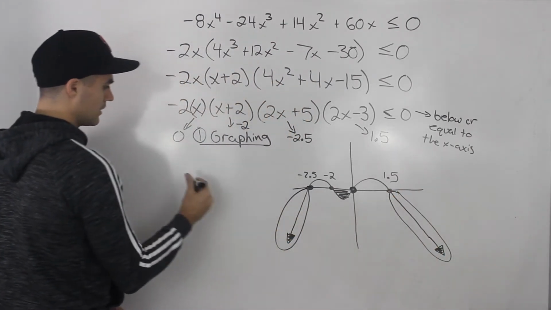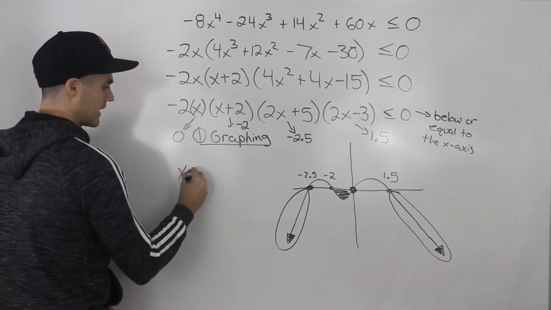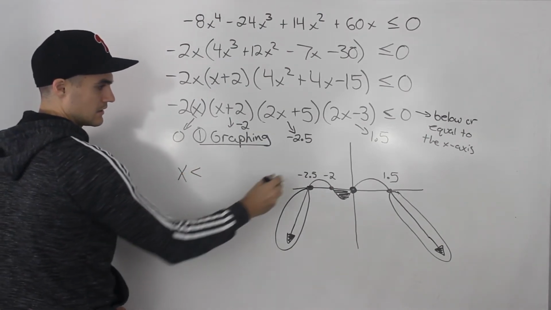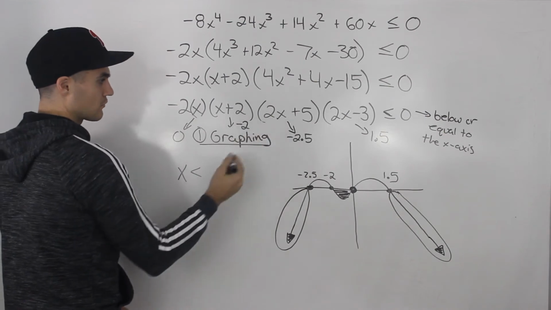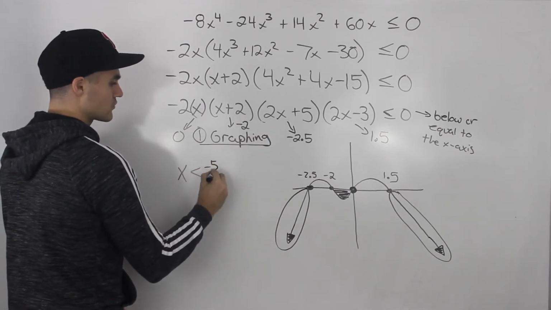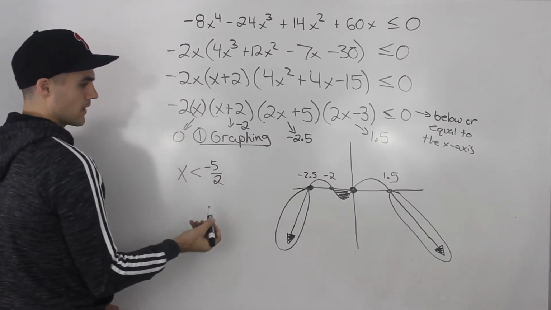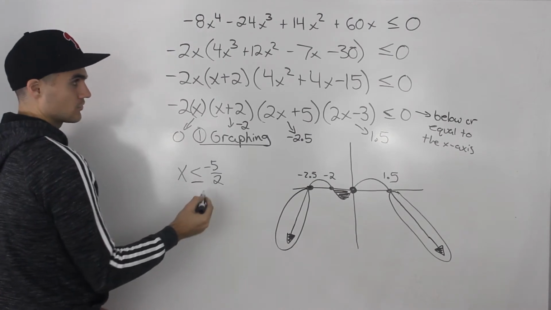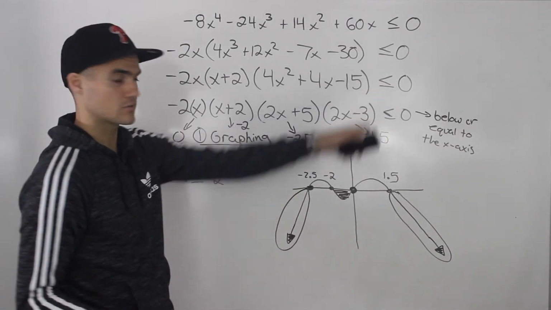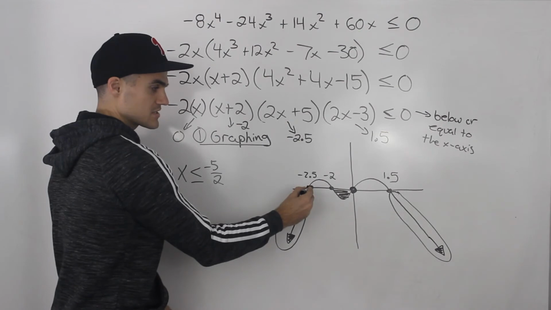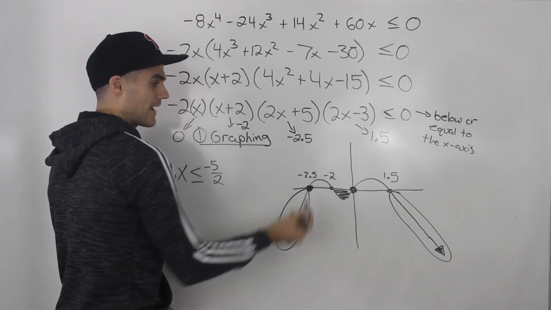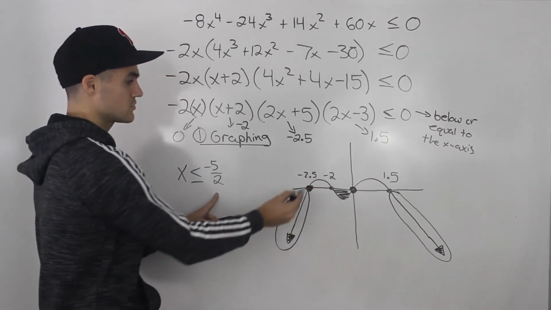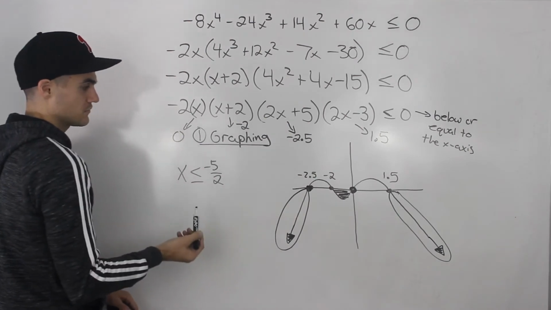So this interval here happens when x is less than negative 2.5. Let's put it in fractions actually, so negative 5 over 2, right? But we have to put less than or equal to, because they're asking us less than or equal to 0. Notice how it's equal to 0. The y value is equal to 0 at negative 5 over 2, negative 2.5 as well. So we have to make it inclusive.